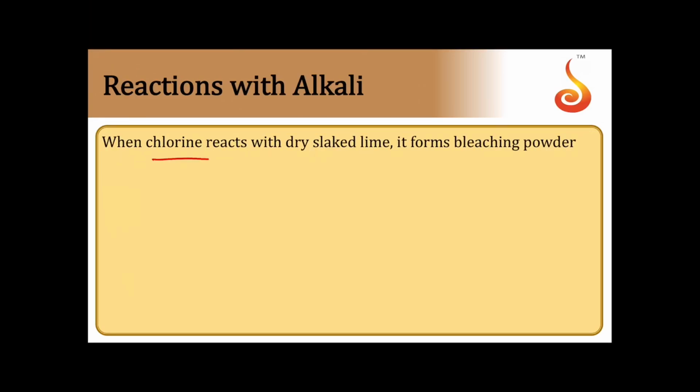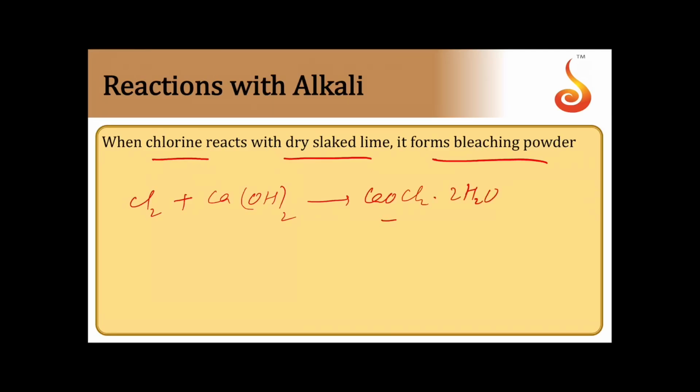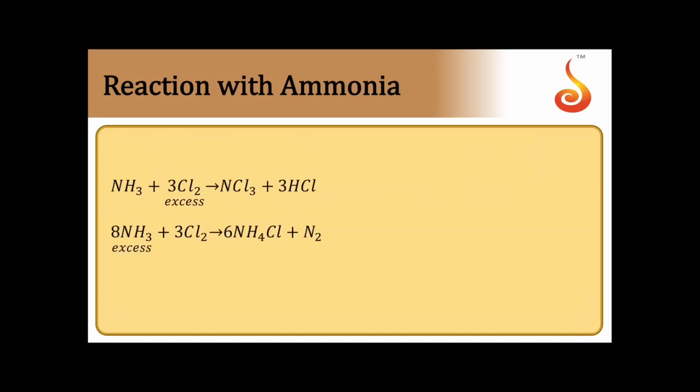Then when chlorine reacts with dry slaked lime, it forms bleaching powder. Chlorine plus calcium hydroxide gives CaOCl2.2H2O, which is nothing but bleaching powder. Then reaction of chlorine with ammonia.